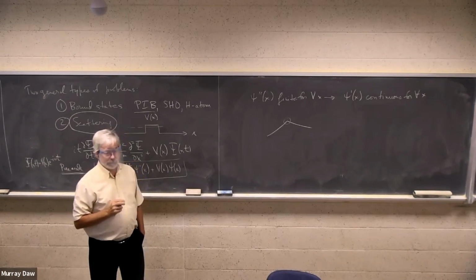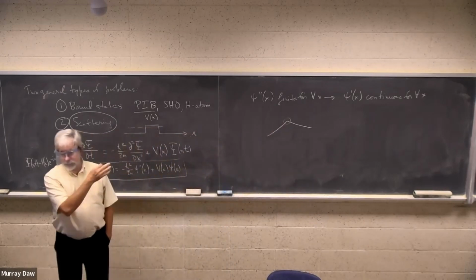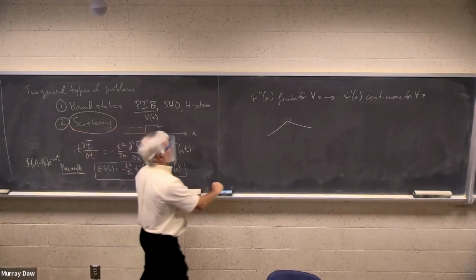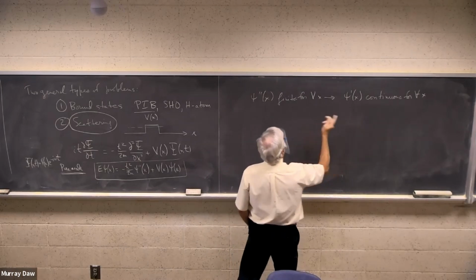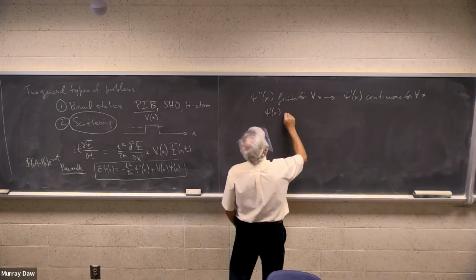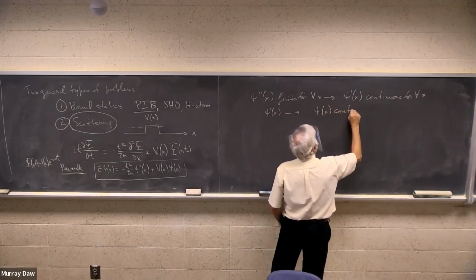Right? A cusp like that has no derivative at the cusp. Okay, and psi prime is continuous and also finite, so that also implies that psi is continuous.